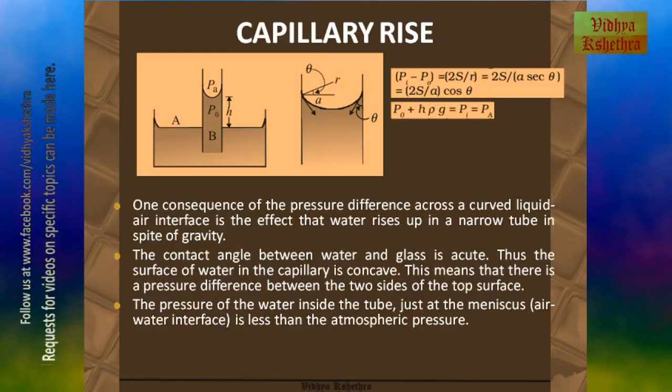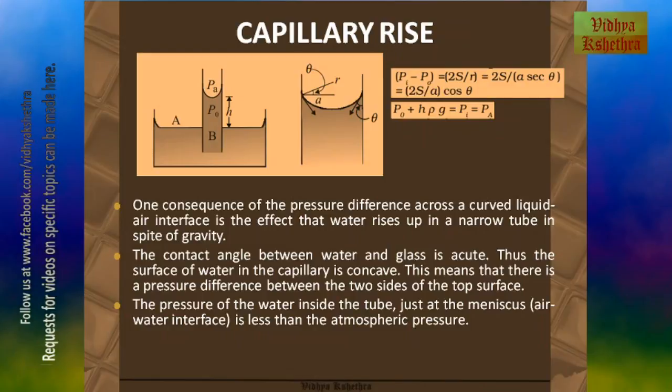That is given by P0 plus H rho g is equal to Pi is equal to Pa. Here H is the height by which the water has risen in the capillary tube. g is the acceleration due to gravity.